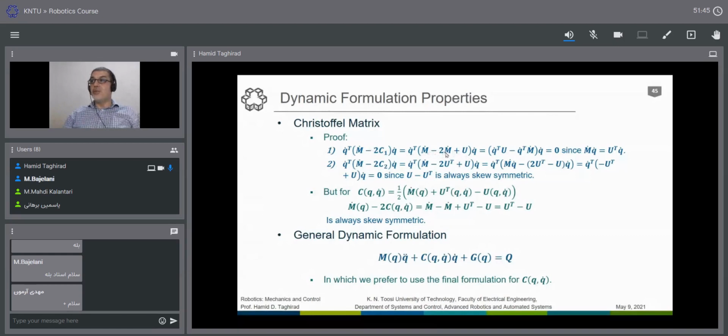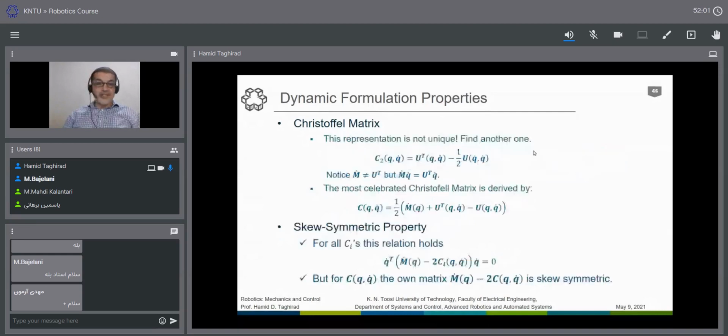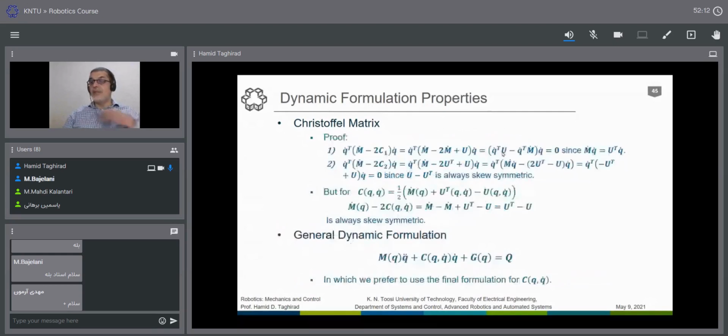This would be Ṁ minus 2M plus U hat, and then we have minus Ṁ plus U, and we can see that q̇ U is equal to q̇ M, as we discussed here, Ṁ q U transpose q̇. This can be easily shown by the Kronecker product, and this term is equal to 0.